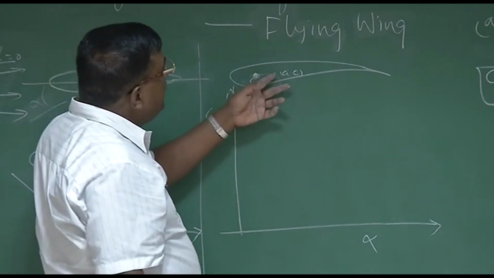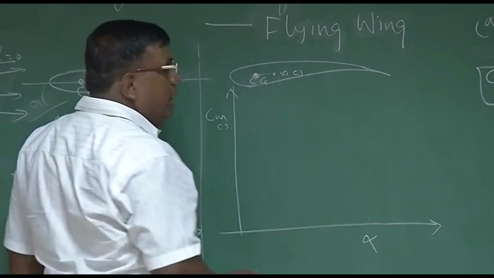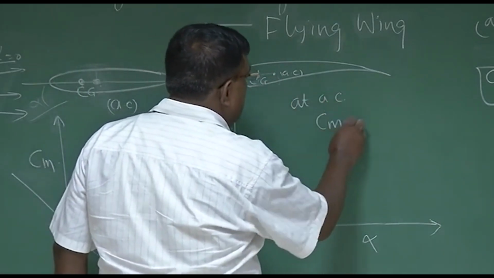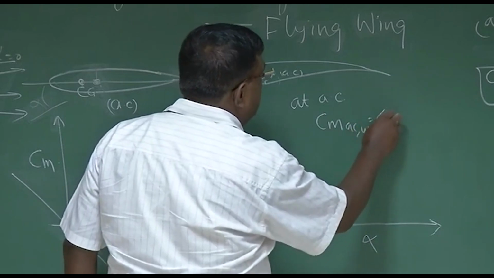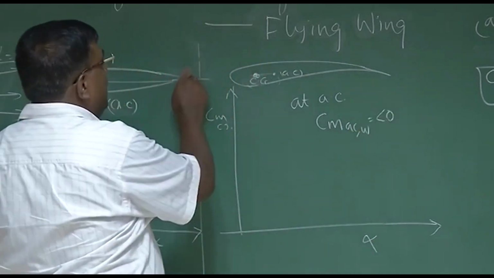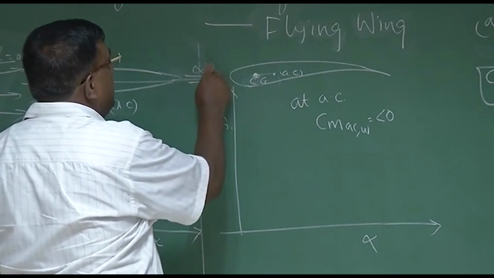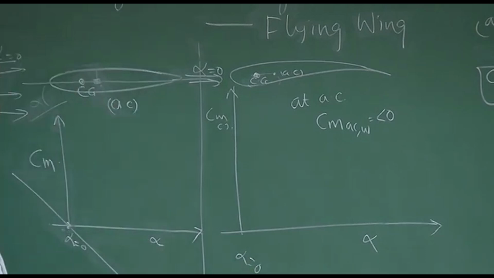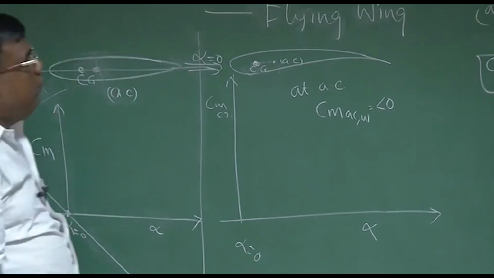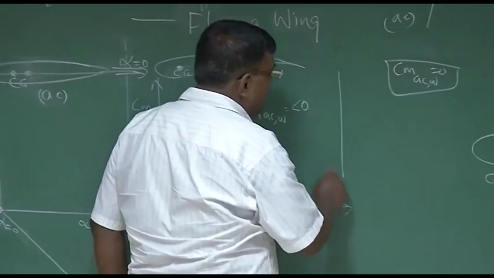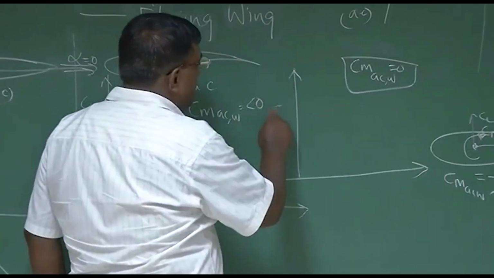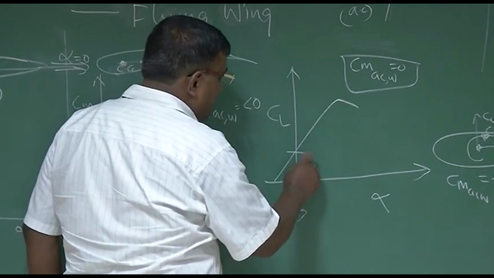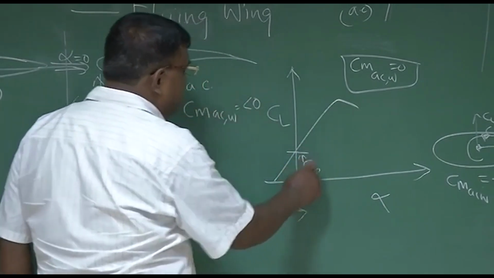Because at AC already CMAC is negative, there is a CMAC wing which is negative. Over and above, we are trying to see what is the behavior at alpha equal to 0. Don't forget that. We are trying to find out what will be the CMCG at alpha equal to 0. For a cambered aerofoil, you also know, if I plot CL versus alpha, at alpha equal to 0, there is some positive CL, we call it CL naught.